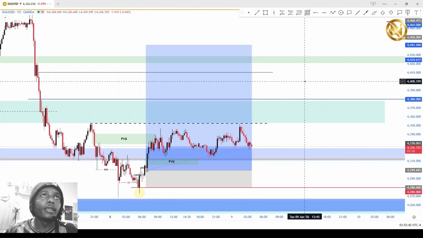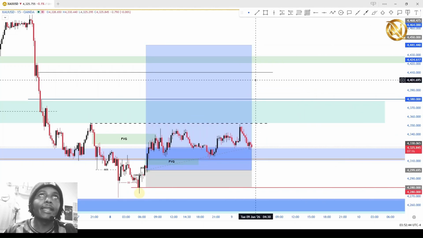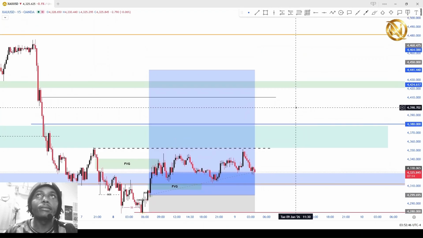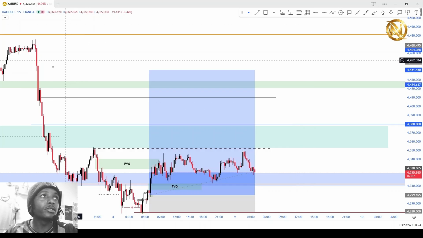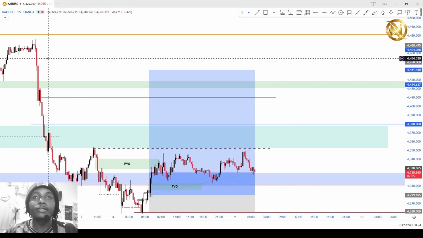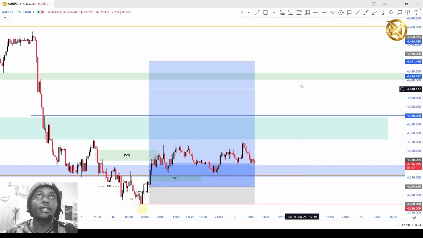But if I get a clear indication to the upside, I'm targeting around 44.50, because it is a big figure, and this is where we have the next form of imbalance that price might want to balance before heading to the overall direction.